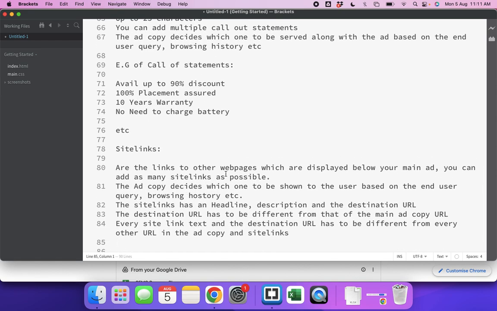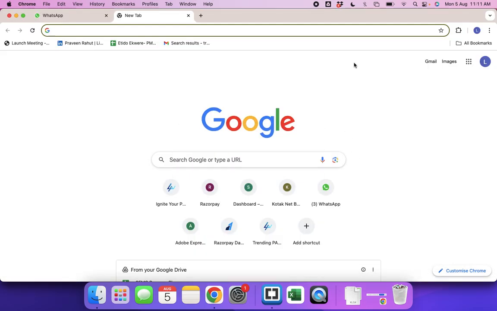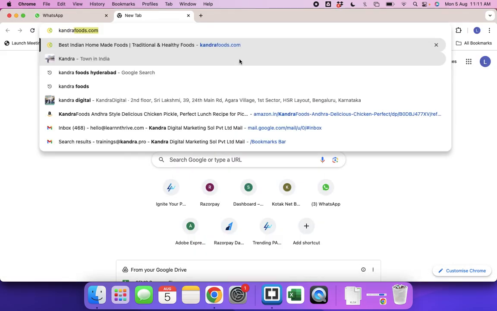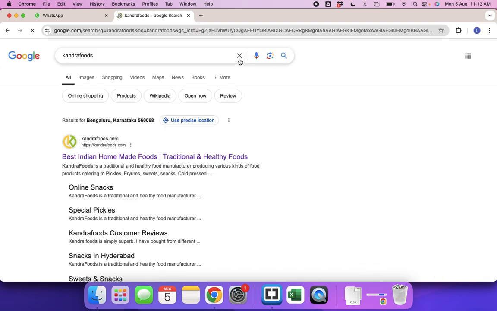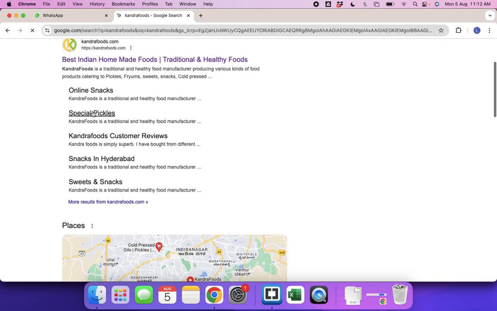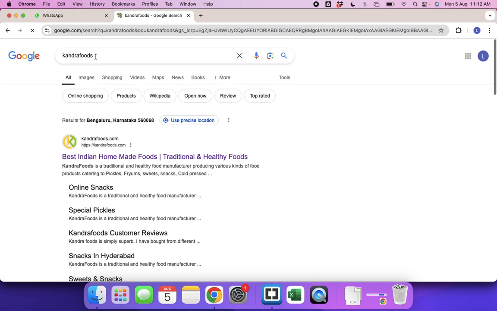Site links are the links to other web pages which are displayed below your main ad. Okay, I'll show it to you. These are site links. For ads also you will get to see the site links.